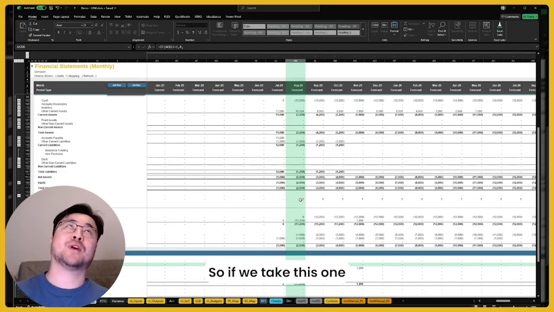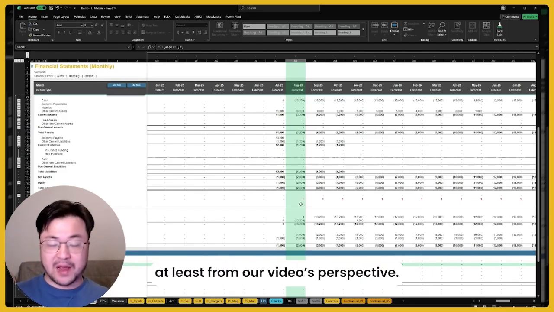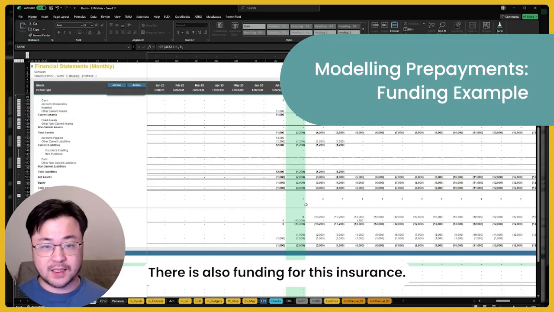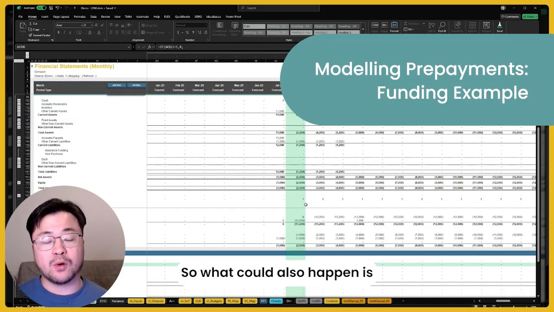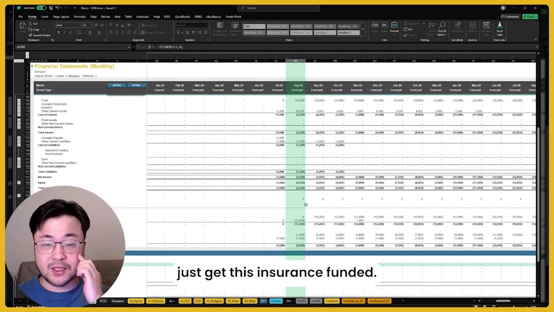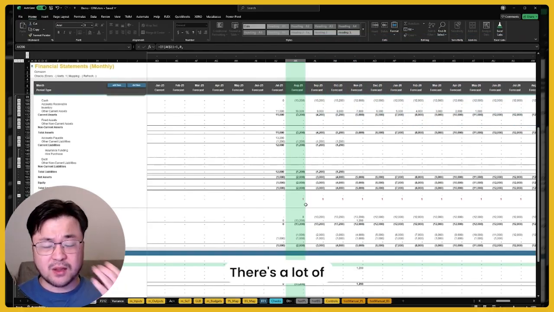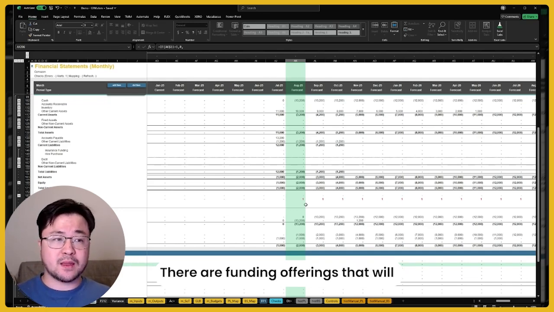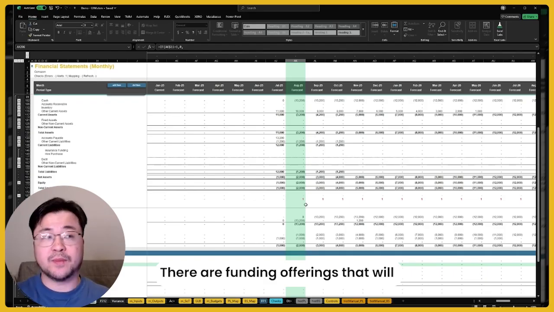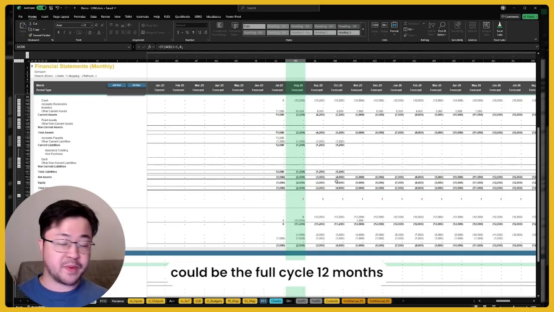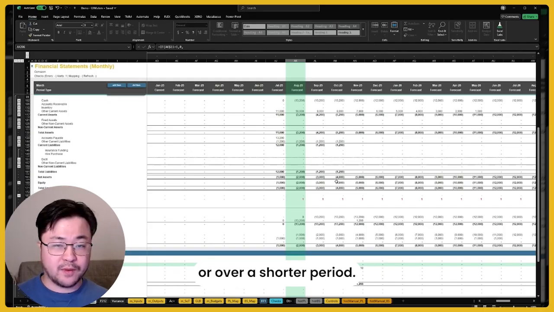If we take this one final step further, at least from our video's perspective, there's also funding for this insurance. What could also happen is we might just get this insurance funded. It's actually a commonplace scenario where premiums are paid in advance, there are funding offerings that will fund that insurance for an interest cost over the full cycle, 12 months, or over a shorter period.